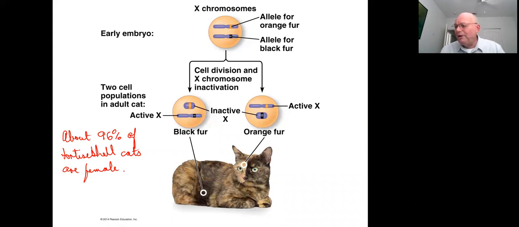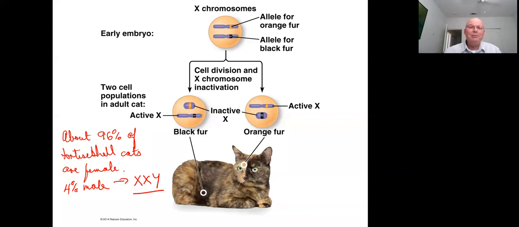So where do the 4% males come from? They are X, X, Y. They also have an extra copy of the X chromosome.